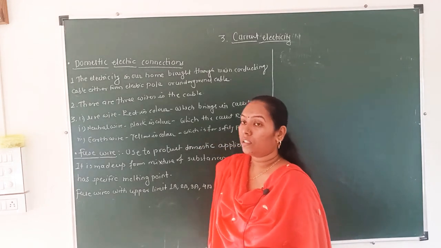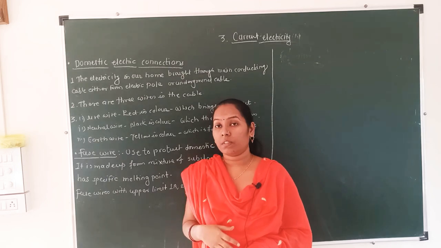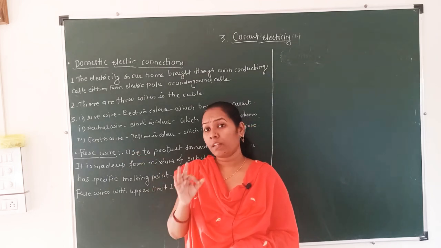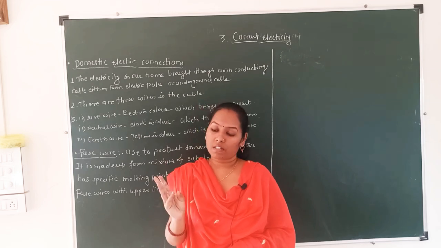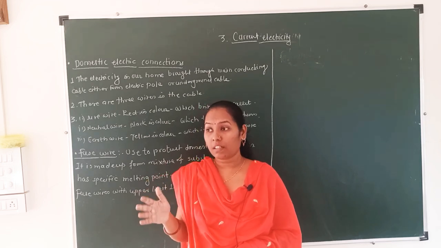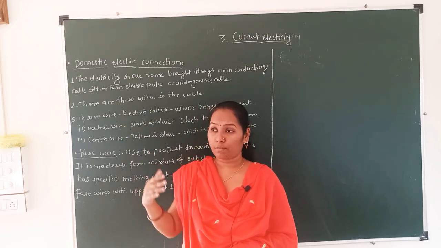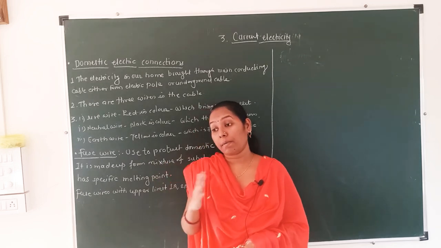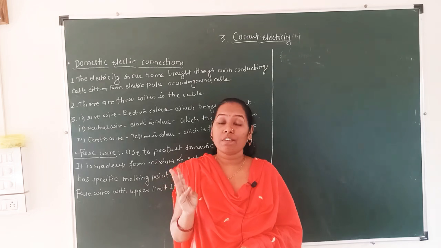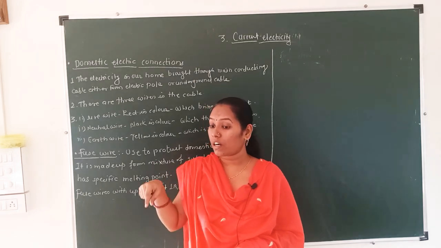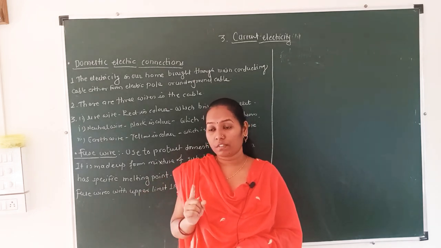The electricity in our home is brought through directly conducting wires by two methods: first, the underground method, and second, from an electric pole. Such a cable consists of 3 wires. The first is the live wire, which is red in color, with current flowing through it.